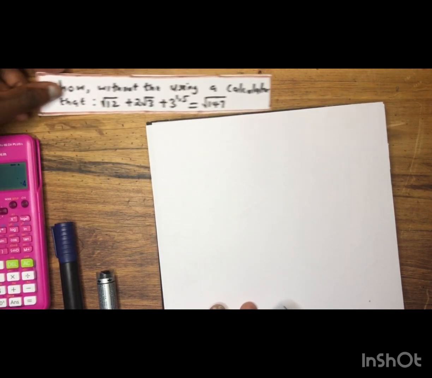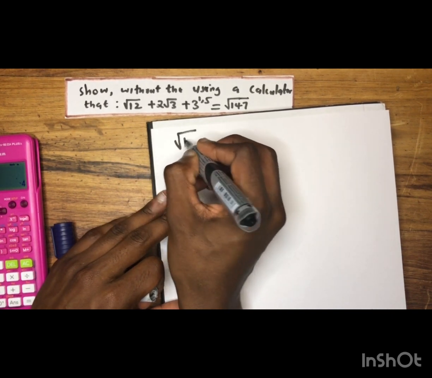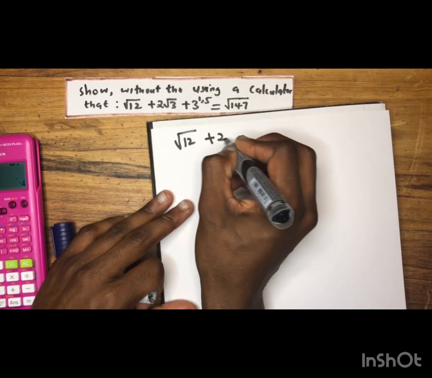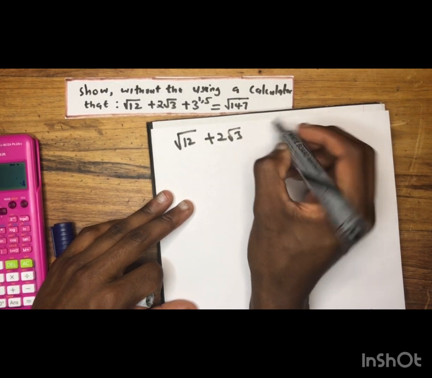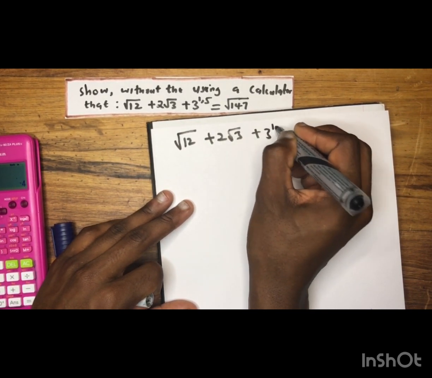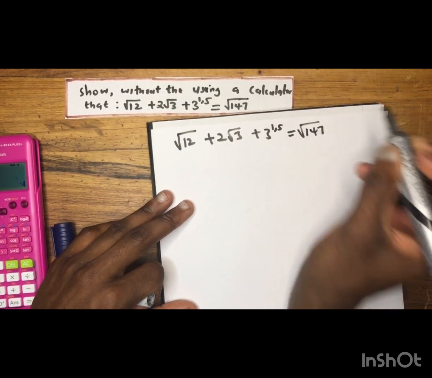Okay, right. So we have here root 12 plus 2 root 3 plus 3 to the power 1.5 equals root 147.